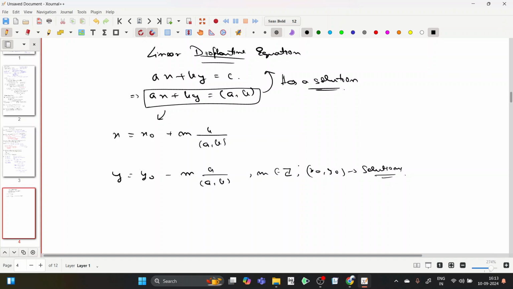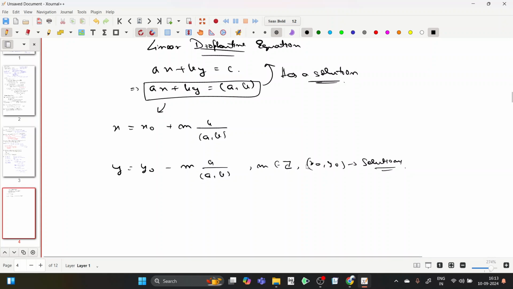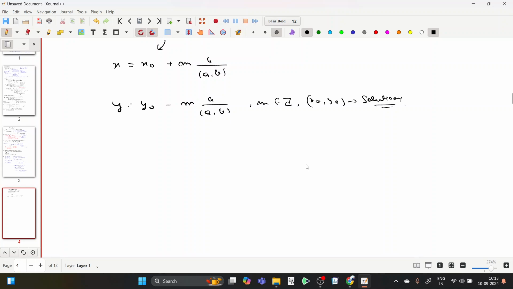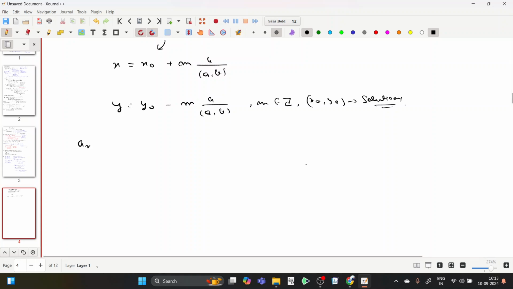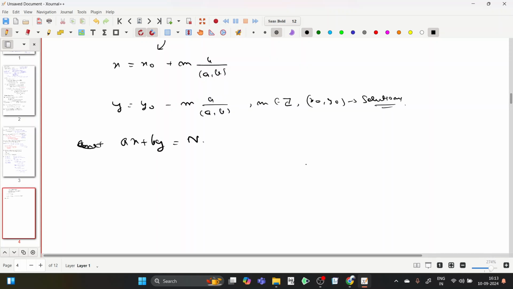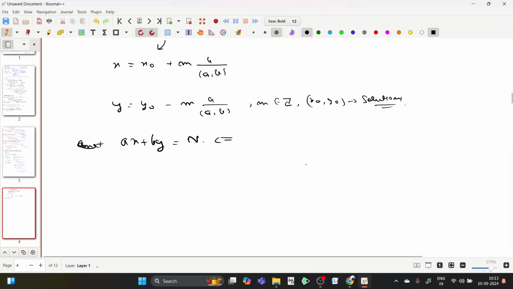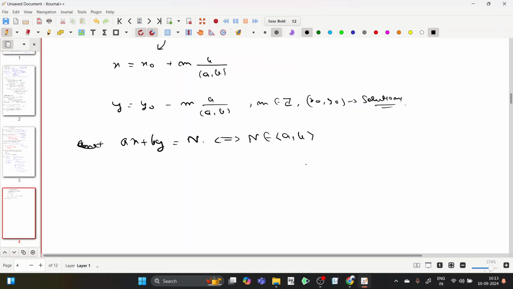What we are going to talk about now is its aspects in terms of algebra. If I talk about a first order or a linear Diophantine equation, say ax plus by equals n, then what I am actually asking is whether n is contained in the ideal generated by a, b or not.